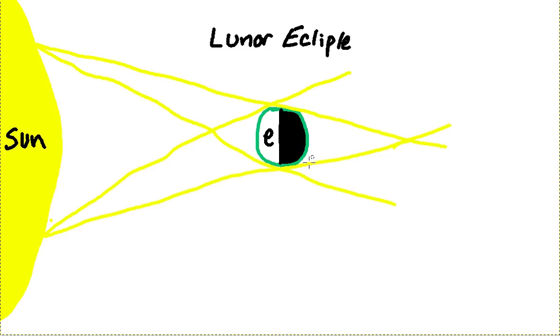So behind these 2 rays, there's light being blocked. And behind these 2 rays, there's light being blocked. But back here, you can see where a complete shadow would be cast. And this would prevent the moon from receiving any light.